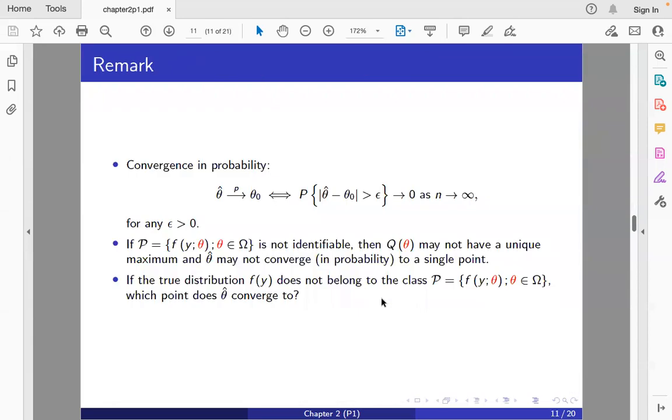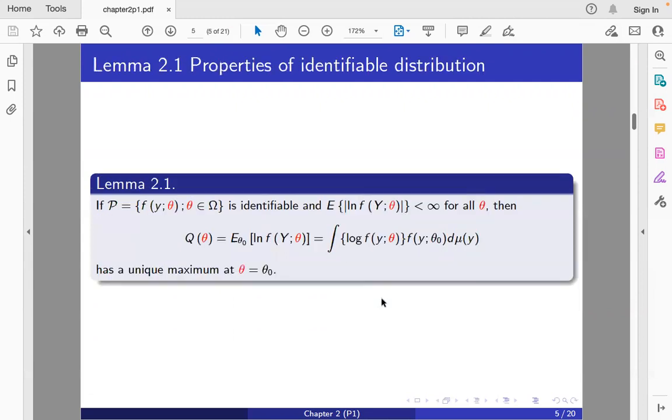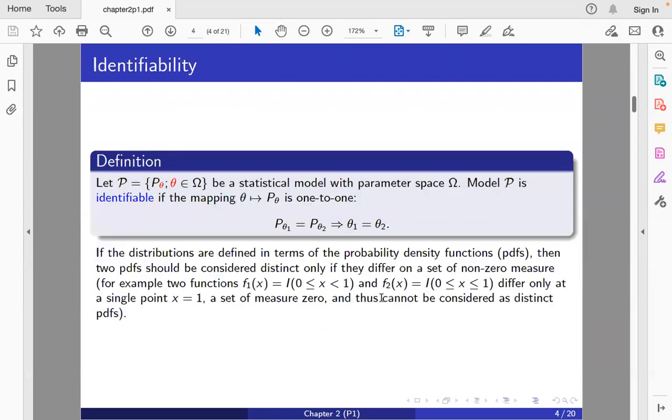The goal is to understand the very basic property, that the MLE converges in probability to the true parameter. To take a journey to that goal, we need to learn something. One of the important concepts is model identifiability.